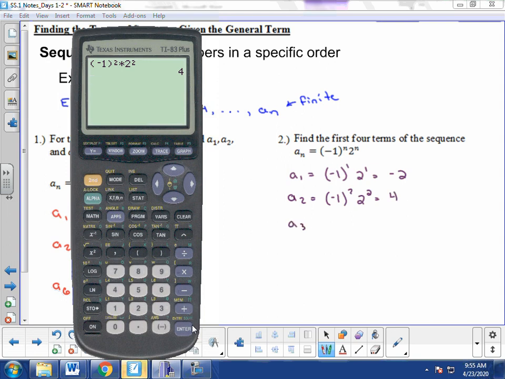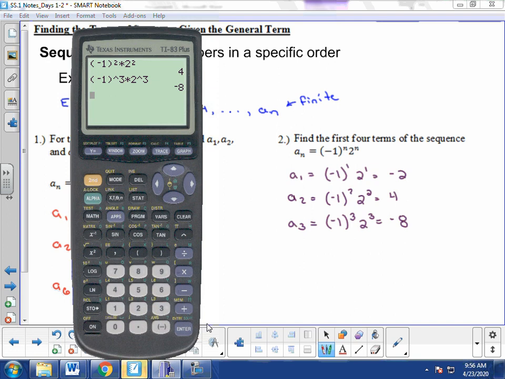Then a sub 3, the third term, would be negative 1 to the third power times 2 to the third power. Again, you could type that into your calculator, and that gives us negative 8.